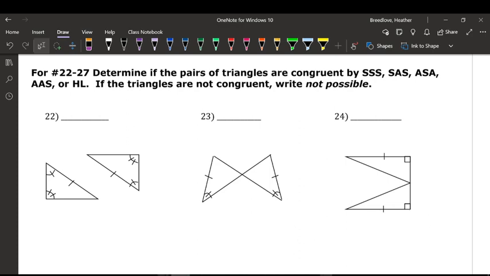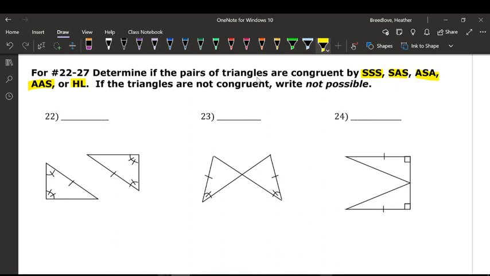Okay, so remember, you kind of have a guide because all the postulates are written here: SSS, SAS, ASA, AAS, or HL. And if the letters can't line up to match one of those 5 things, then it's not congruent or not possible.